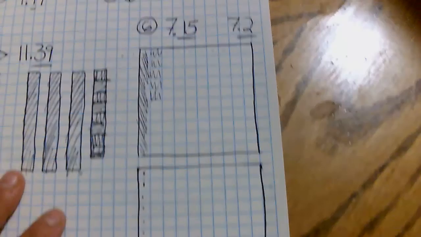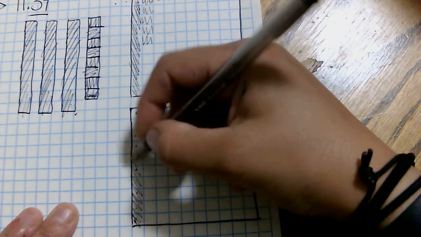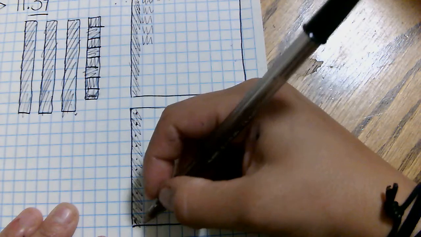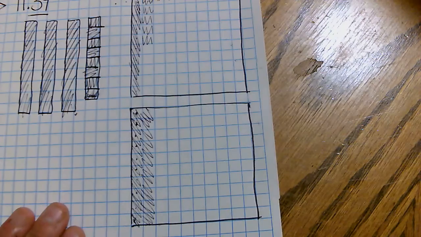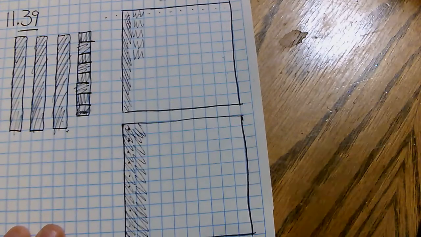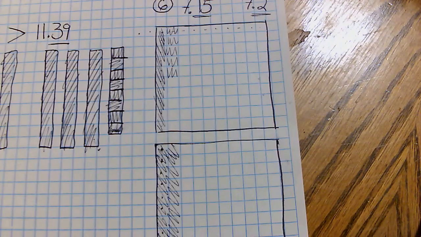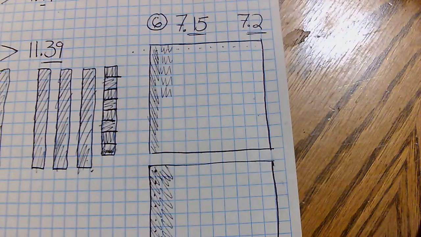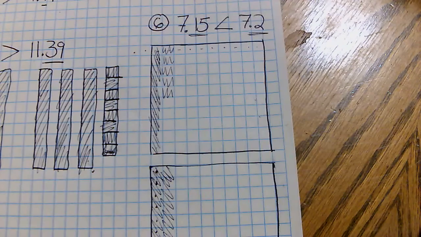For the next one, I would shade in 1, 2 whole rods. So as you can see, this one, which is representing my 2/10, is bigger than this one, which is representing my 15 hundredths. So I know the symbol I need to draw between.